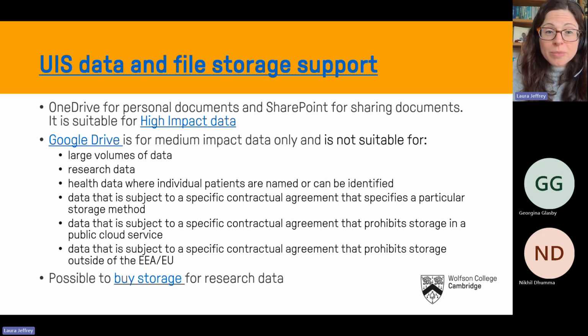But stuff becomes high impact pretty quickly, especially if you want to limit who has access to data. So special category data, and we've already mentioned the difference between personal and special category data, would be considered high impact. And so the suggestion there is that it's not suitable to use Google Drive for that.